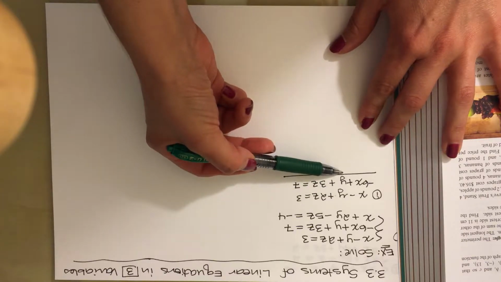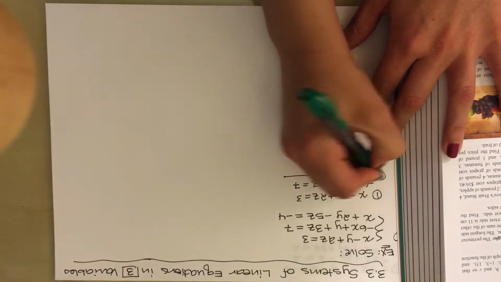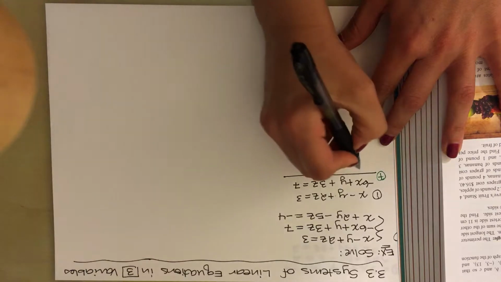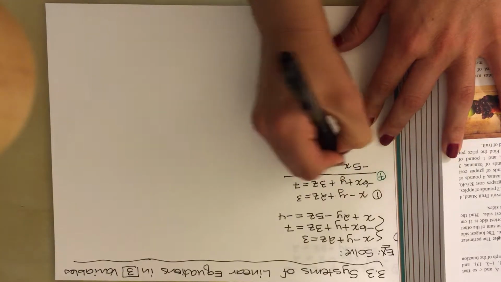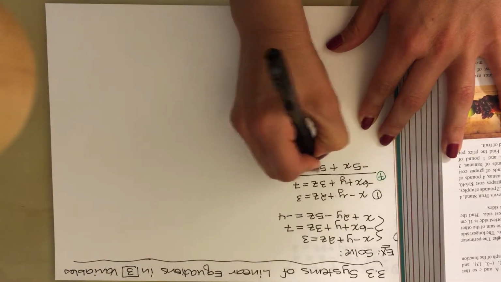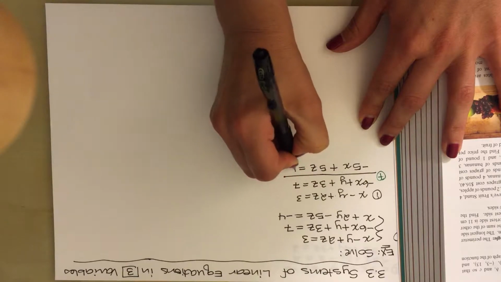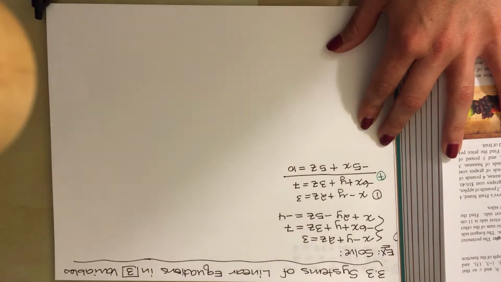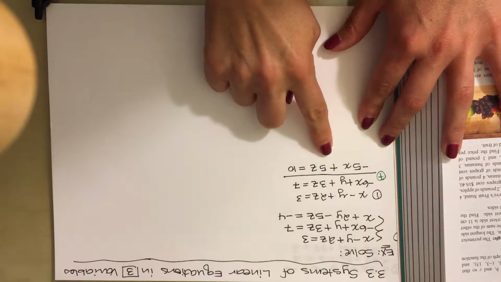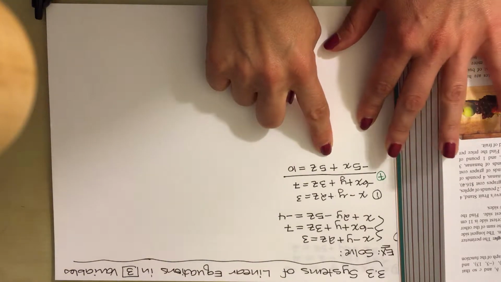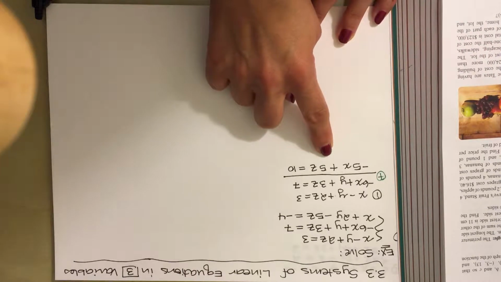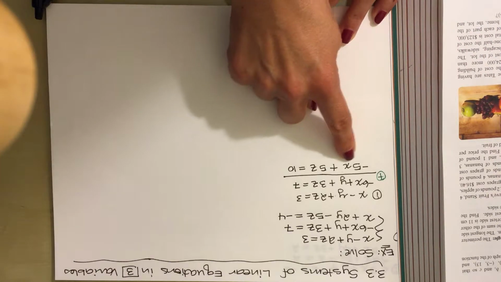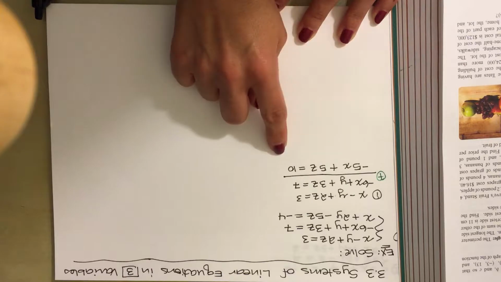This comes out to be 0. And we're going to be left with negative 5x plus 5z is equal to 10. What I'm going to do is look at this equation carefully, and I want to show you that we can actually make the numbers smaller.